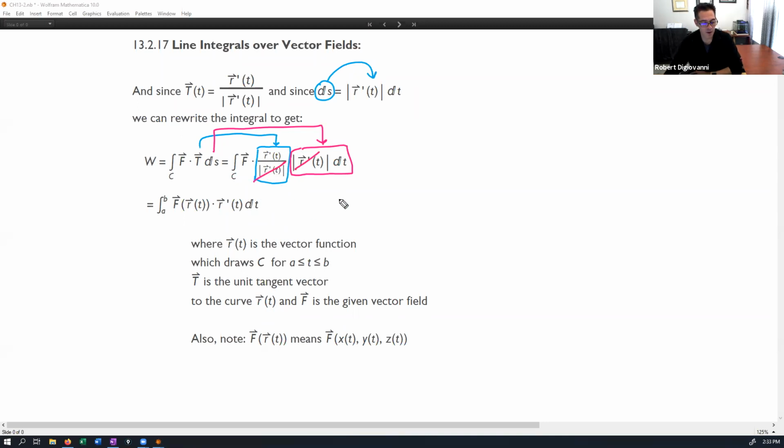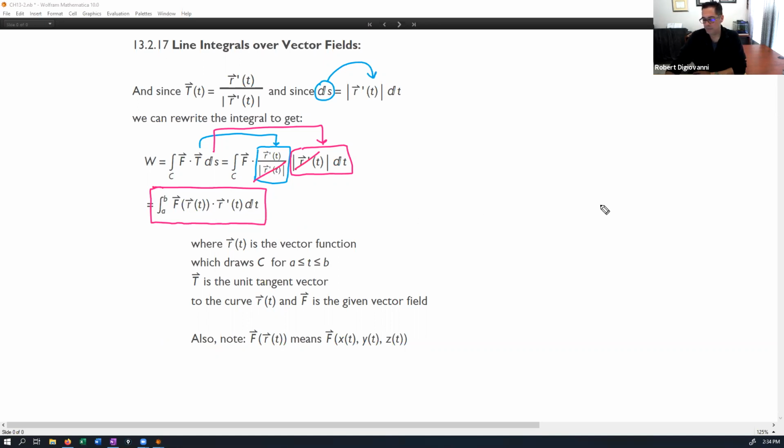And what you're left with is this. And that's what we're going to use in order to calculate the work done. So what is it? It's F, the field evaluated along the curve, dotted with the derivative of the curve. That dot product will give you a nice scalar function. We integrate it with respect to t.